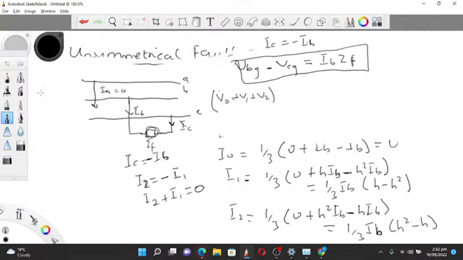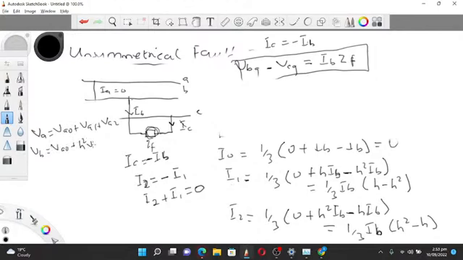And let me make one reference so that we all know what I'm talking about. Wait, sorry. Before I make a mistake. VA is VA0 plus VA1 plus VA2. VB, if I'm making reference to phase A, will be VA0 plus h squared VA1 plus h VA2.